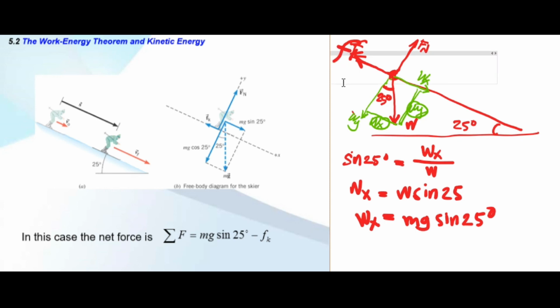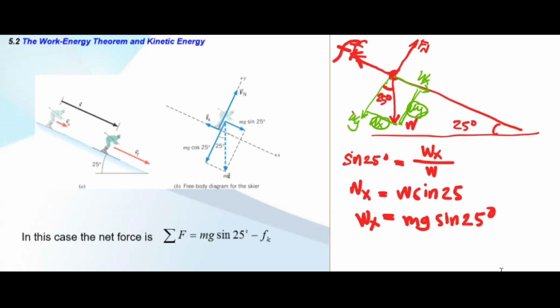So that is Fk. The summation of forces on the x-axis, parallel to the motion of the skier, is equal to mg sine 25 going to the right minus the kinetic friction in the opposite direction.